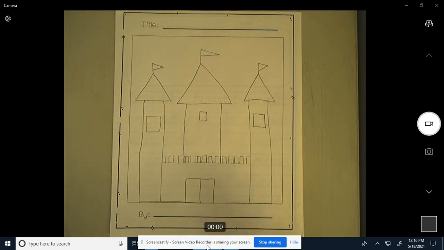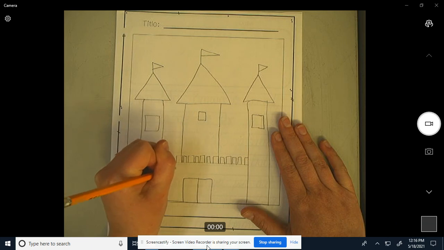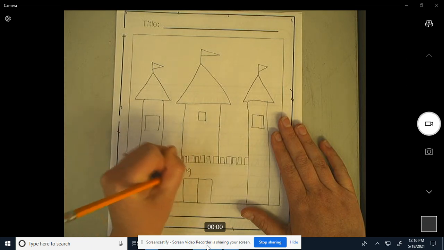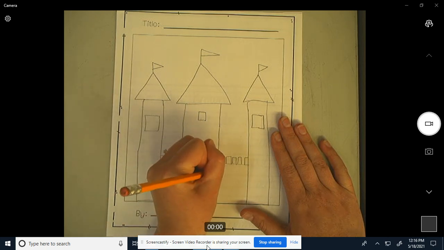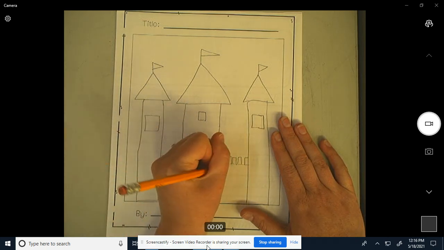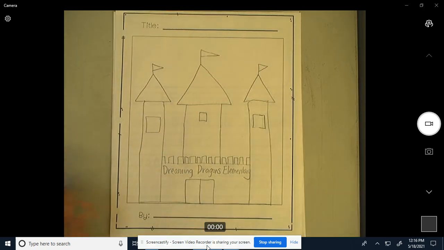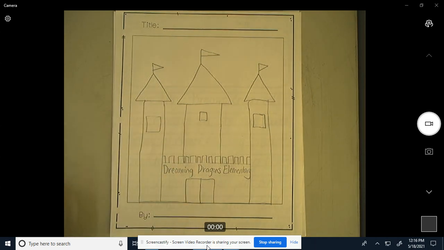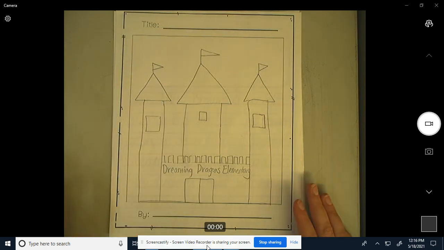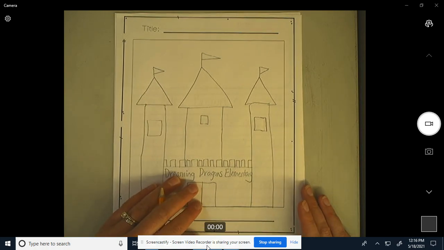So this is my picture of Dreaming Dragons Elementary, and I'm going to put the name of the school on the front of it, because this is where my story takes place. The title is going to be something about the story, a really short piece about the story.